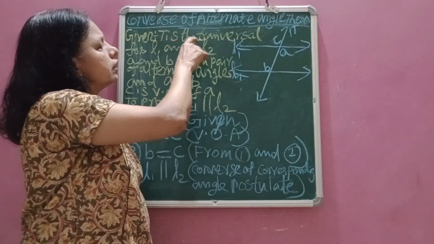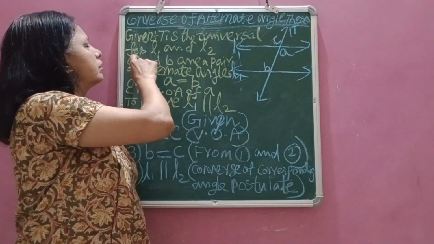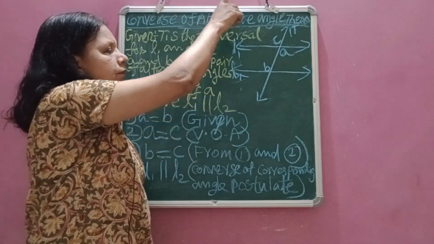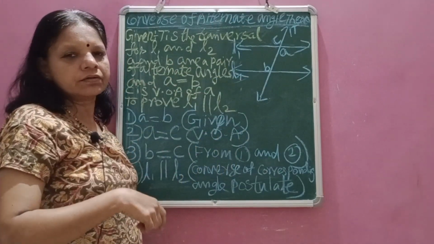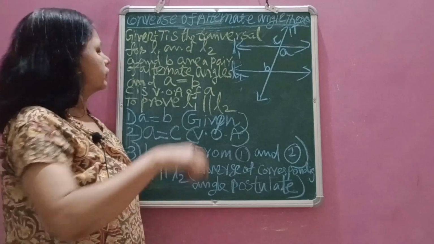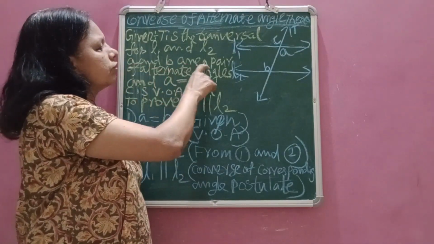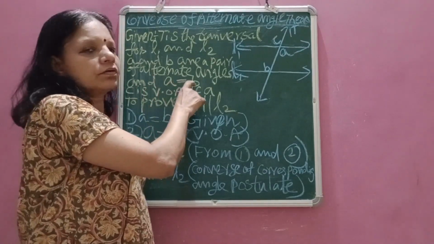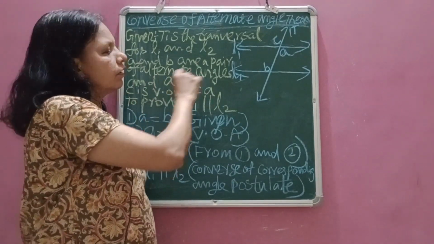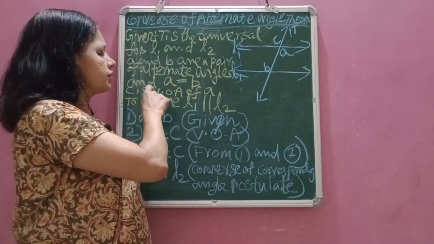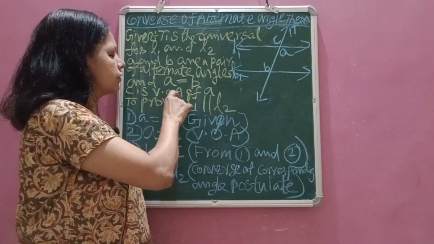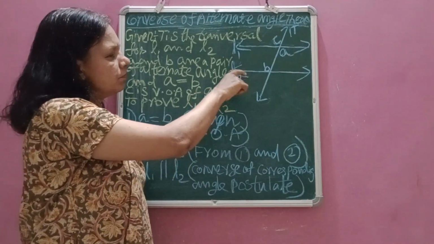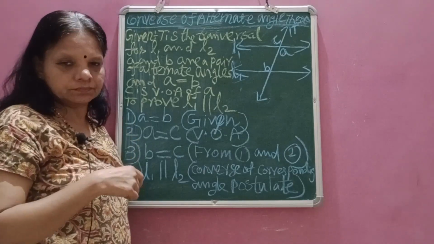Line T is the transversal for the lines L1 and L2. Means what? Line T passes through L1 and L2 at different points. A and B are one pair of alternate angles such that A equal to B. Also, C is the vertically opposite angle of A. The small letters A, B, C represent their measures.